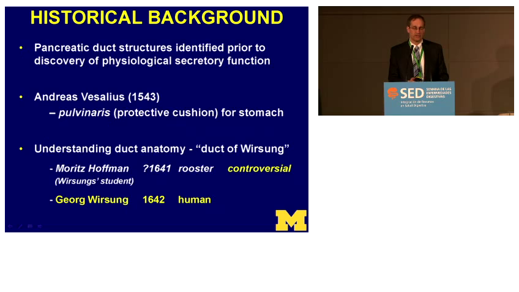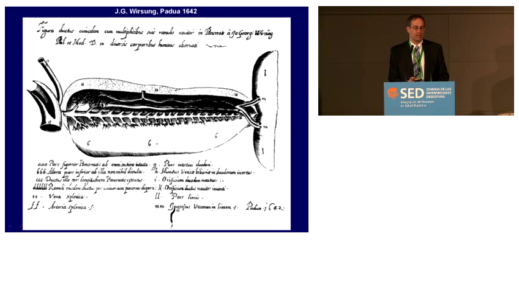This was discovered by George Wirsung in 1642 in a human cadaver. With this copper engraving, Wirsung disseminated these observations to major scientific centers in Europe. This remains on display at the University of Padua.